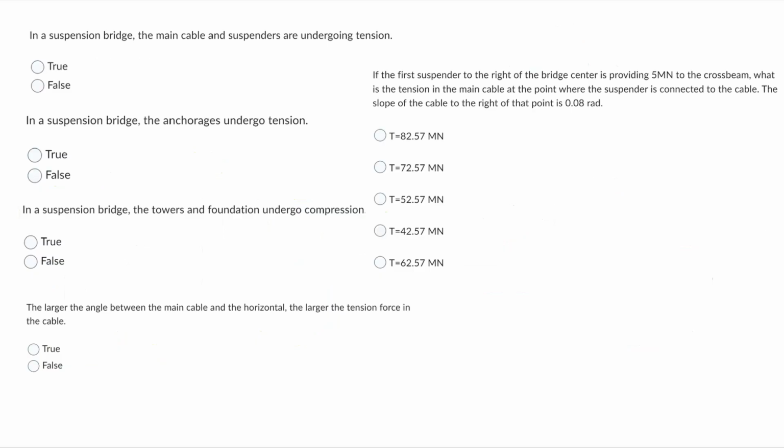So now that we've reviewed those concepts, we can take a quick look at some questions. So we're trying to find out if the main cable and suspenders undergo tension, and if the anchorages undergo tension, if the towers and foundations undergo compression, and how the angle between the main cable and the horizontal affects the tension force in the cable.